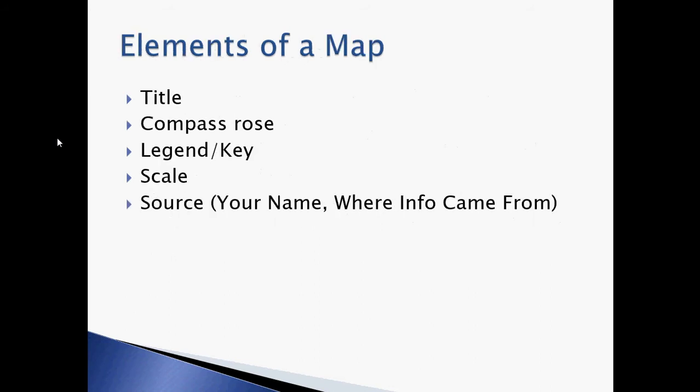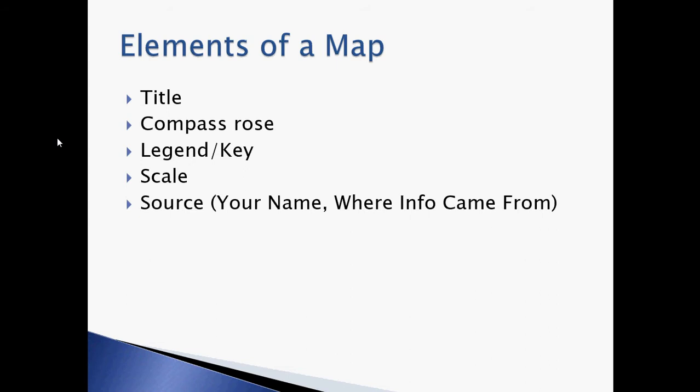All maps have 5 elements, and so when you create maps in here, which you will be doing, you're going to have to include 5 major elements. The first one is a title. I need to know the title of the map so I can know what you're looking at. And that's the same as if you go out into the world and you're making maps. A compass rose. We'll get to a compass rose, but a compass rose shows us direction.